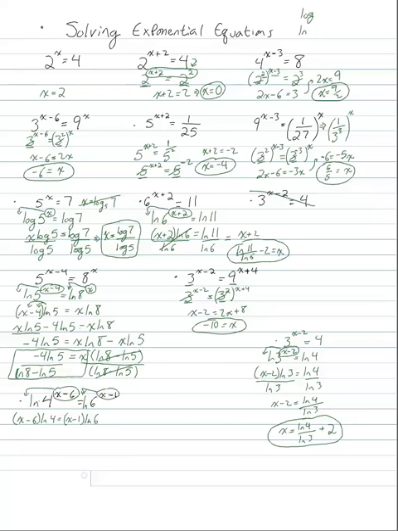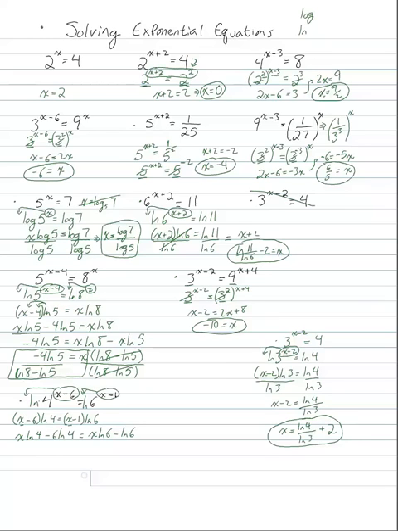Again, I got x on both sides, so I'm going to distribute. X natural log of 4 minus 6 natural log of 4 equals x natural log of 6 minus 1 natural log of 6. I'm going to get my x's to one side and my numbers to the other.